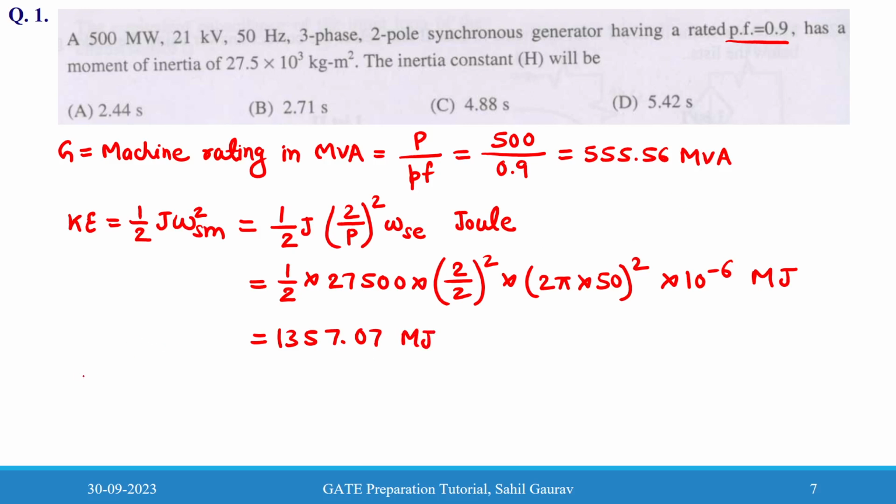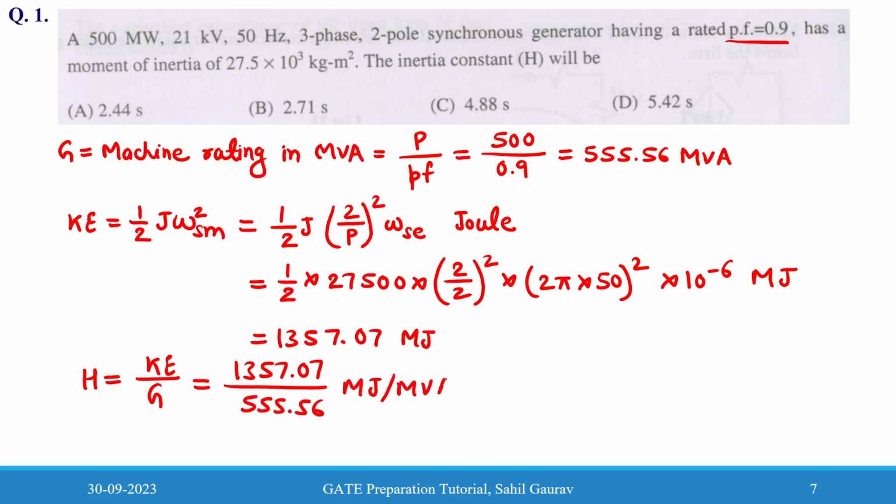and so we can write H is equal to kinetic energy divided by G. So 1357.07 divided by 555.56 megajoule per MVA. This will give you 2.44 megajoule per MVA.